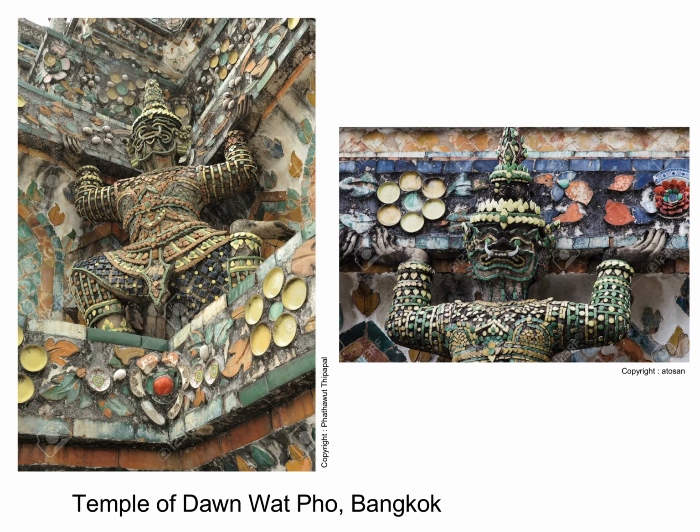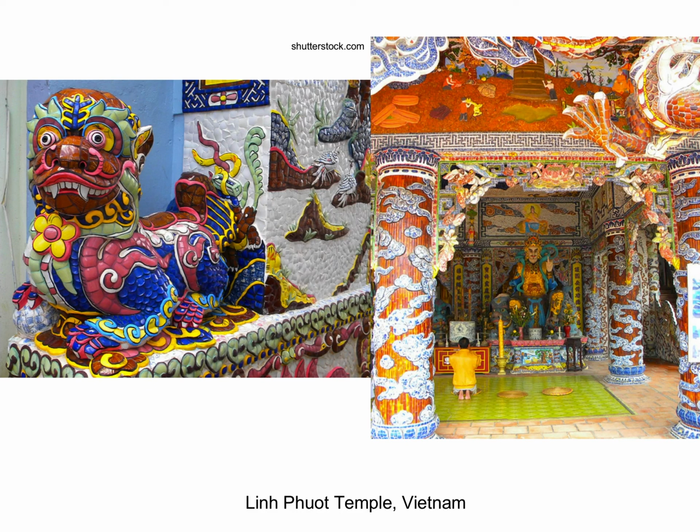This is a detail of the Temple of Dawn in Bangkok where you can see very clearly how some objects were recycled in the decoration of the building while others were specifically made for that building. And a temple in Vietnam operating under similar principles.